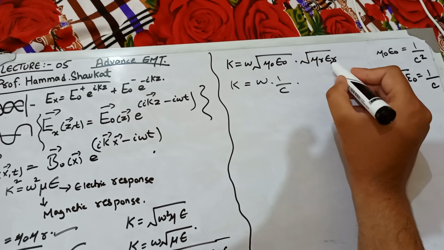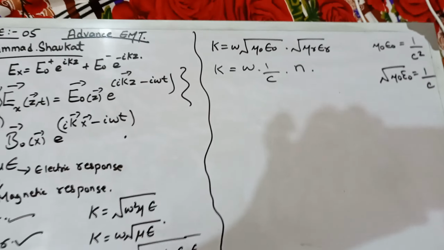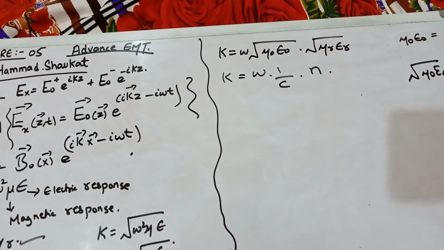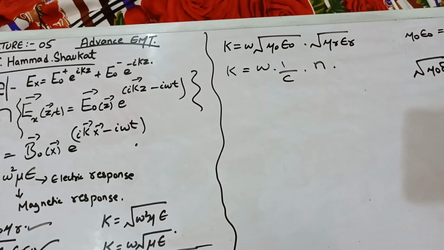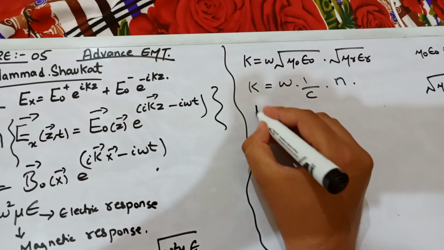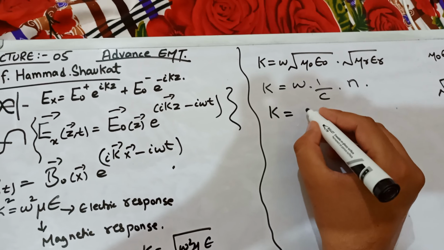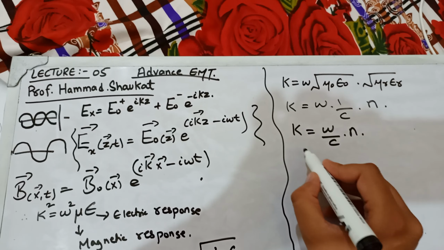And what does this relative term basically equal to? This new term is equal to n. And what is this n? This n is the so-called refractive index of the material. So you can write this formula as k equals omega over c multiplied by n. This is your final expression.